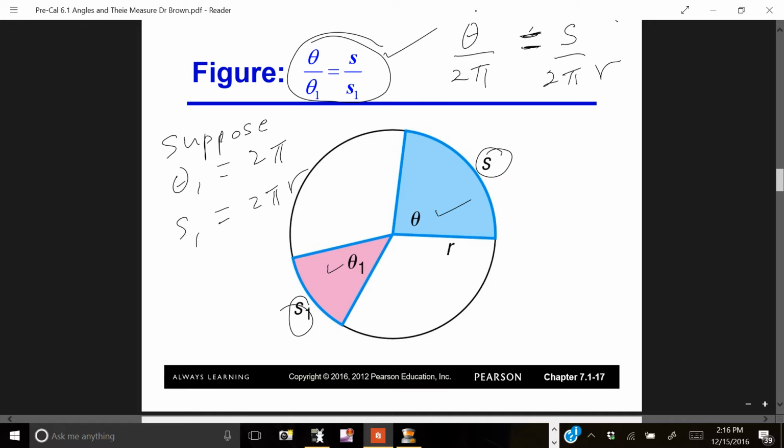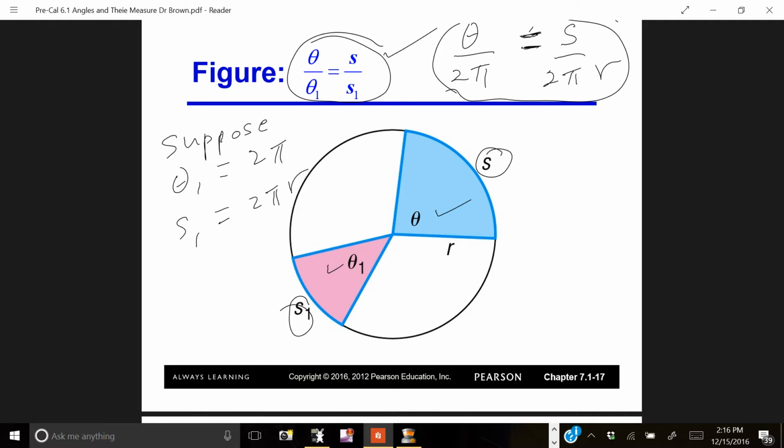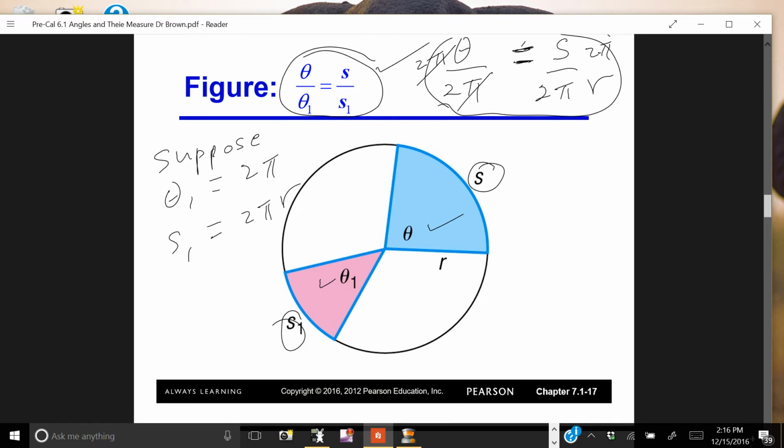And looking at this particular equation, we can multiply both sides by 2 pi, and the 2 pi's cancel, and we get that theta is equal to S over R. And now cross multiplying, we get S is equal to R theta.